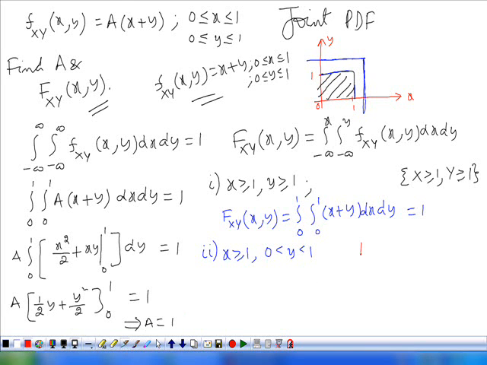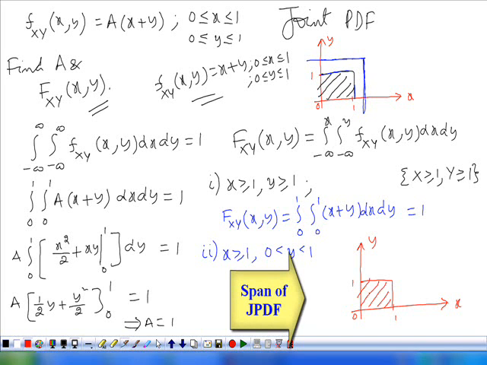So in this case, to draw the function, this is 1, this is also 1. So this region indicates x is taking values from 0 to 1 and y is also taking values from 0 to 1.